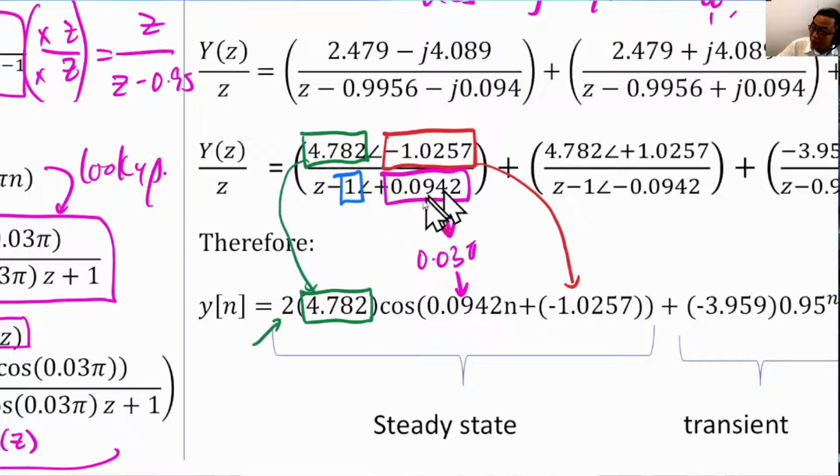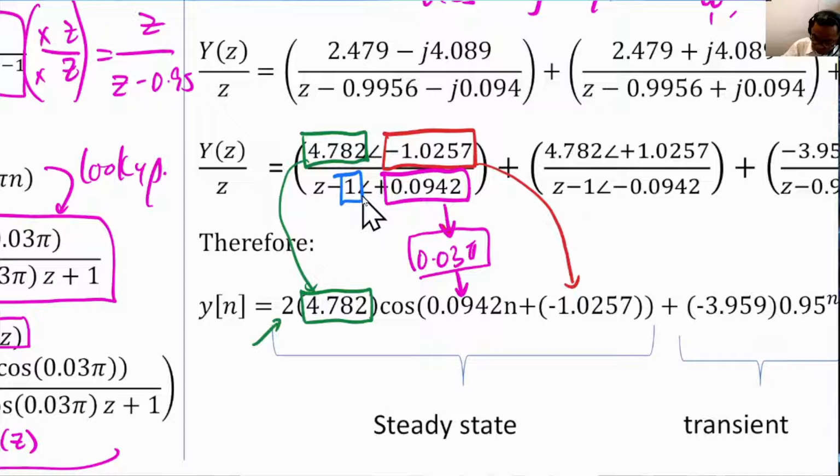Now let's continue. What about this 0.0942? This is actually 0.03 pi. So when we send a cosine of 0.03 pi, it will exist again. The phase at the denominator is exactly the cosine's frequency. And now about the 1 here.